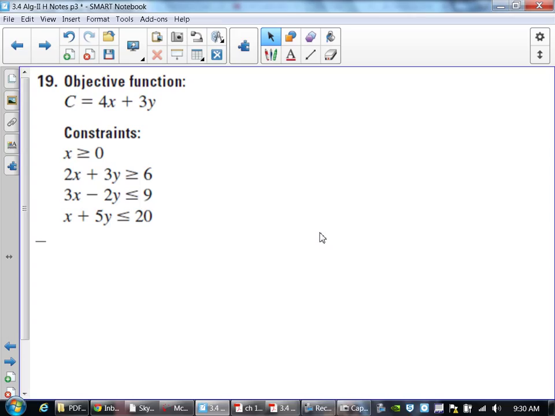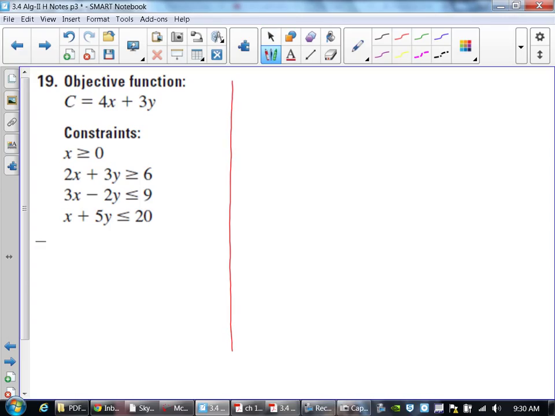So we start out this one with the constraints of x is greater than or equal to 0, 2x plus 3y is greater than, whatever, you have it all written down. X is greater than or equal to 0 means it's going to be a quadrant 1, quadrant 4 problem, right off the bat. I know that has to happen. From here, I just start going through intercepts.